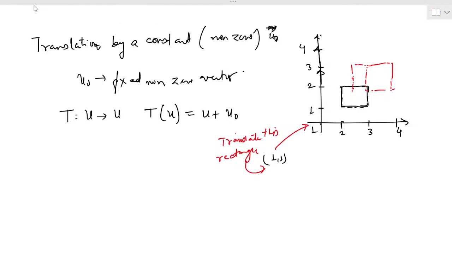Just give me a minute, okay? I don't know where the eraser has gone. Okay, so what I want to convey is that this is not what I want to say. This is the eraser. Okay, this is the eraser.